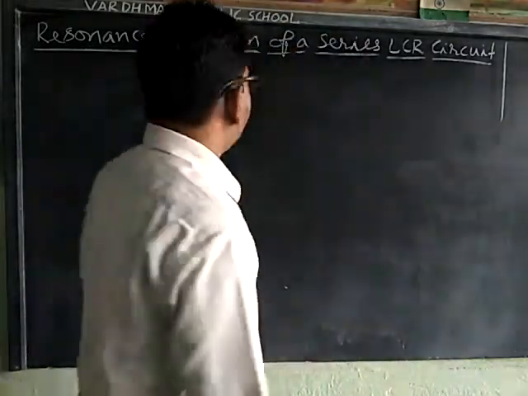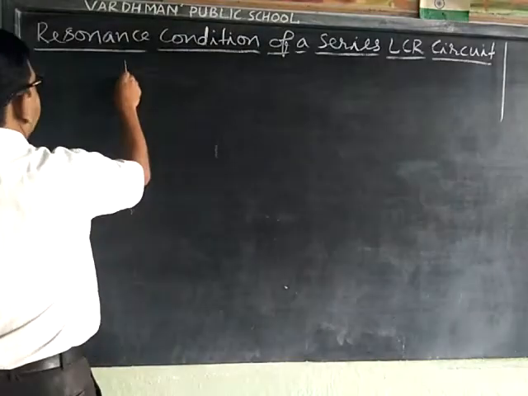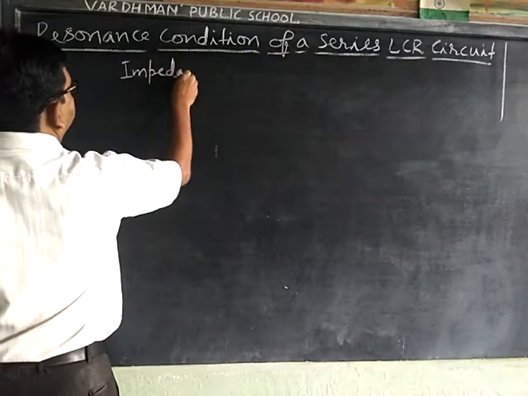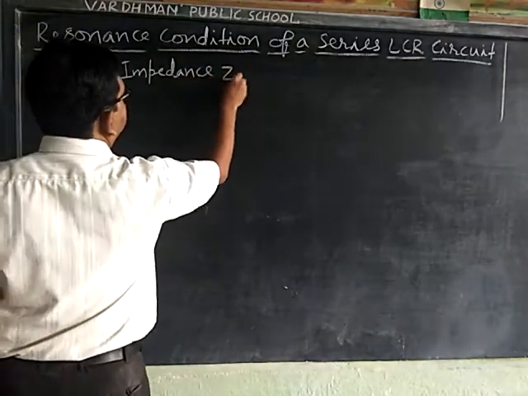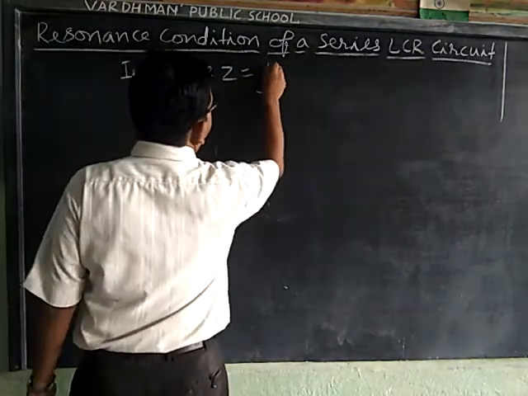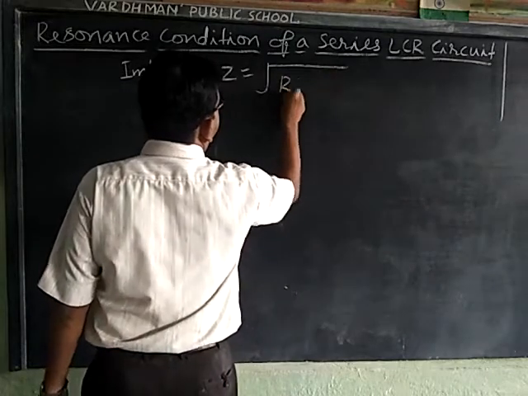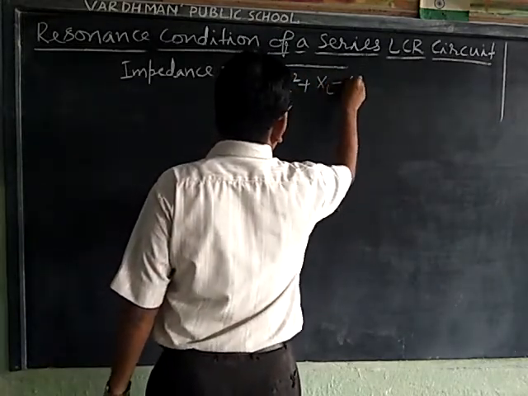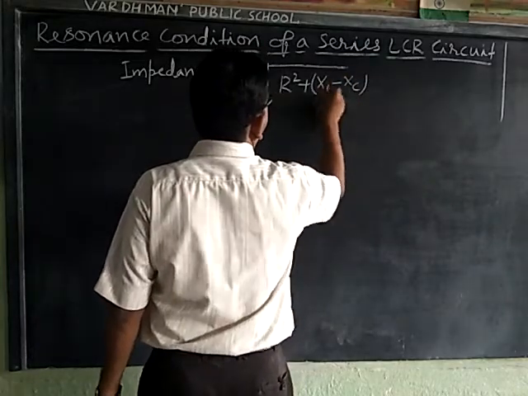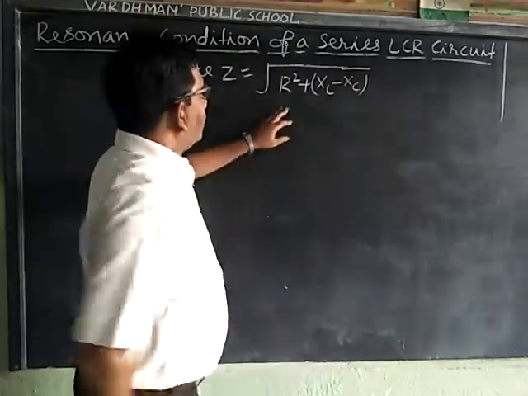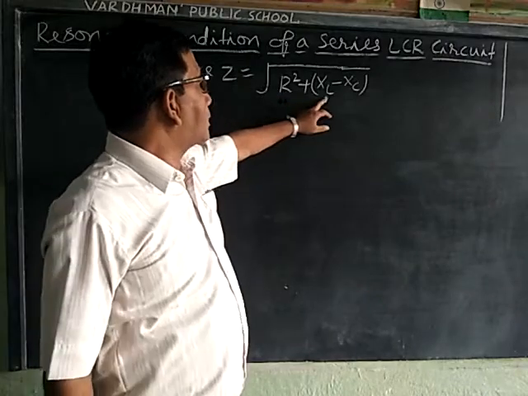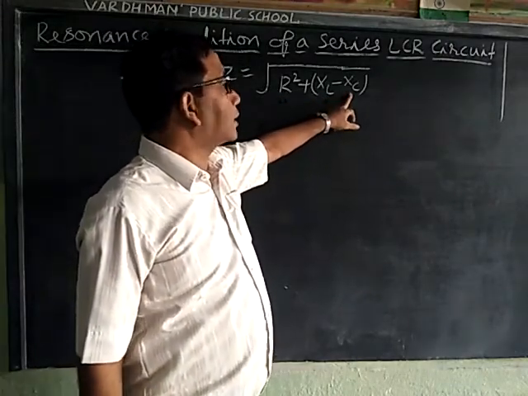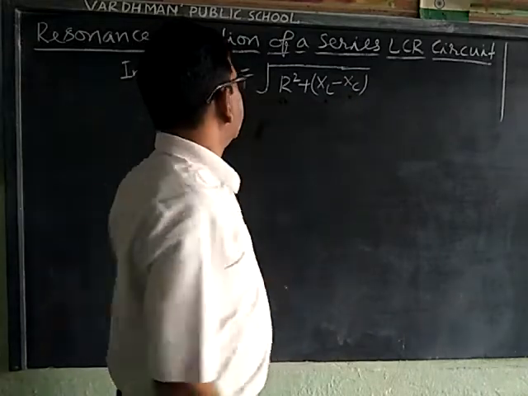Now we know the impedance Z is equal to under root R square plus (XL minus XC) whole square. Here R is the resistance, XL is inductive reactance, XC is capacitive reactance.